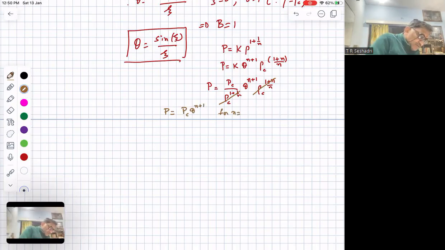For N equal to 1, P equal to Pc into theta squared. Now, what does this mean?